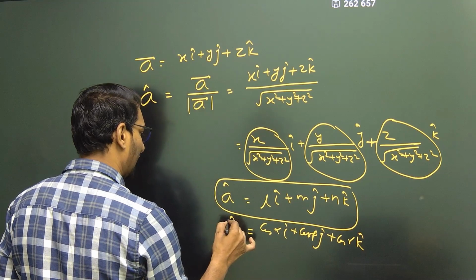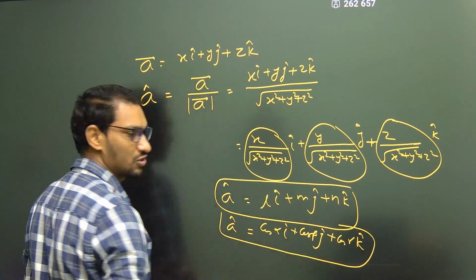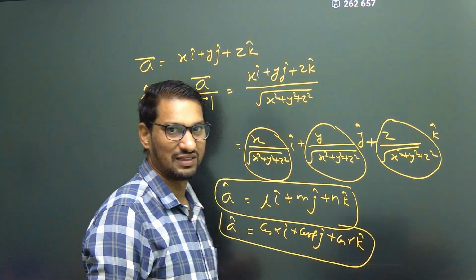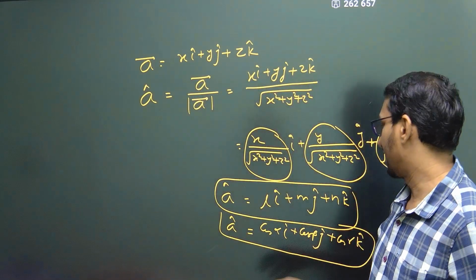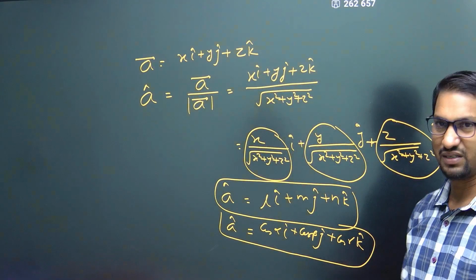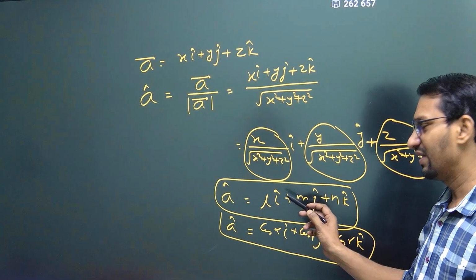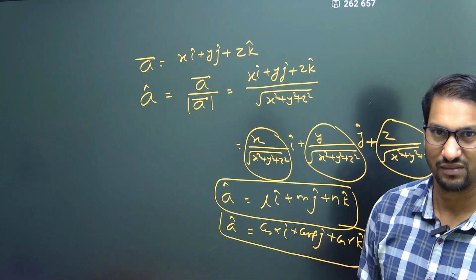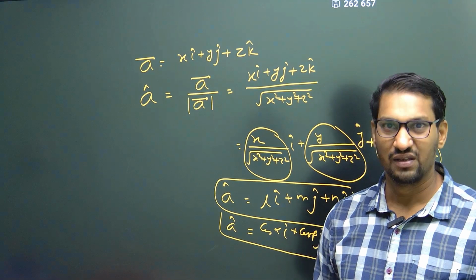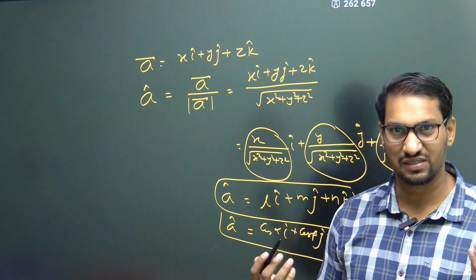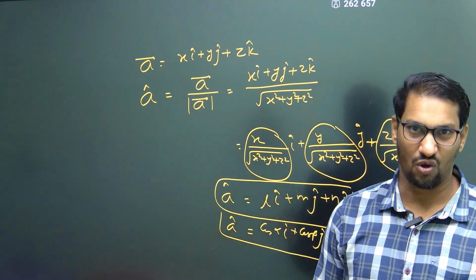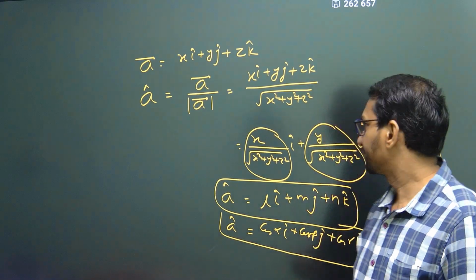We can write vector A cap in this manner also, because L is nothing but cos alpha, M is nothing but cos beta and N is nothing but cos gamma. So the unit vector is represented by L, M, N. Components of a unit vector are direction cosines, that means L, M, N, or cos alpha, cos beta and cos gamma.